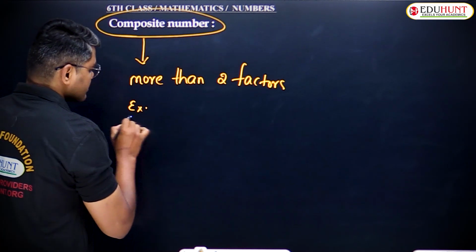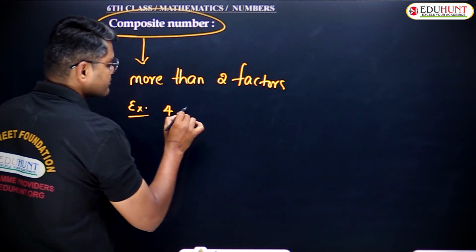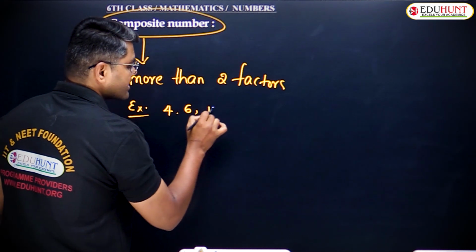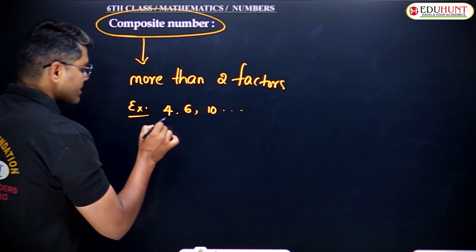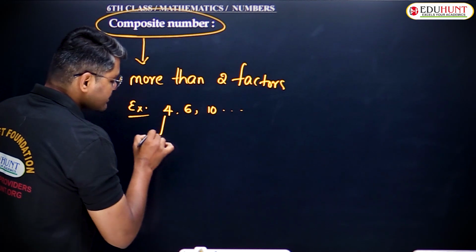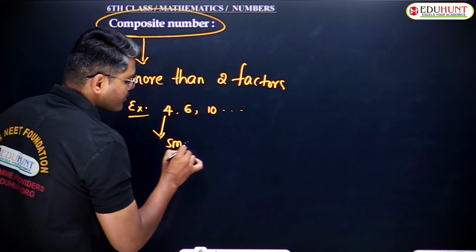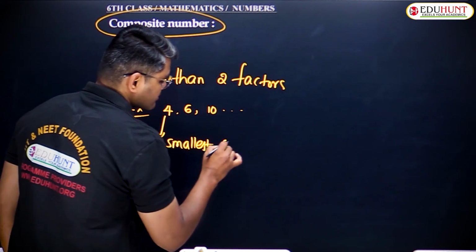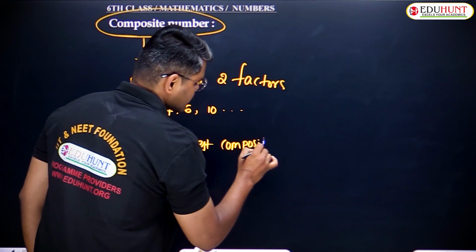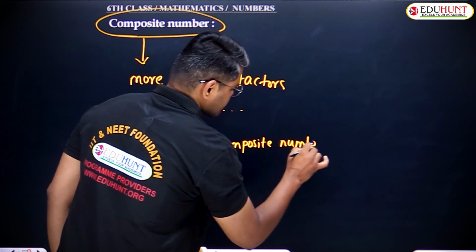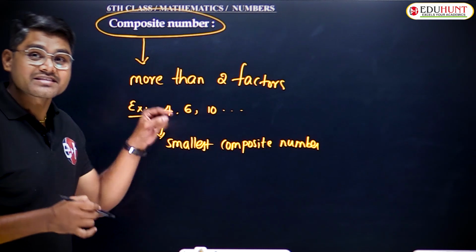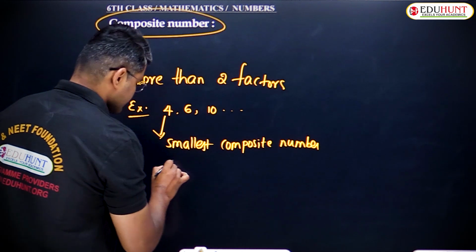Example: 4, 6, 10, etc. Here 4 is the smallest composite number, and the smallest even composite number.